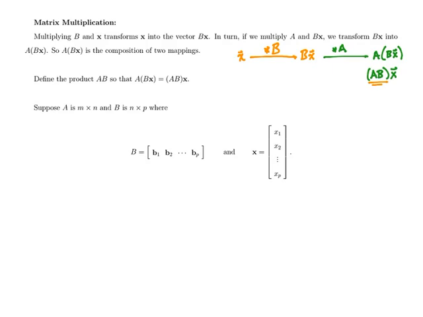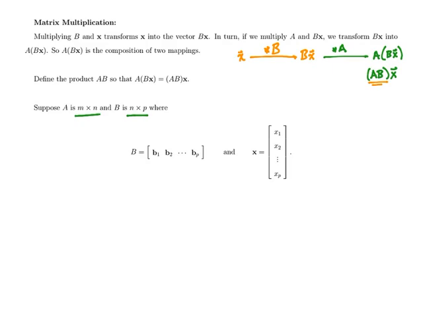So we're going to do a little abstract math here. That's going to be find AB by looking at this multiplying by a vector x. The vector x is really not that important in this example, but we'll see that in a second. So let's suppose that A is an m by n matrix and B is an n by p matrix.